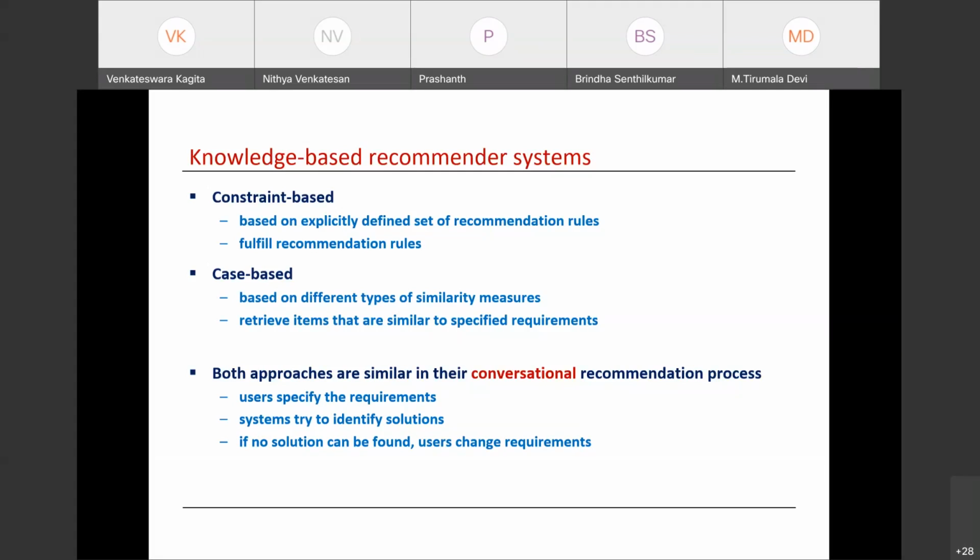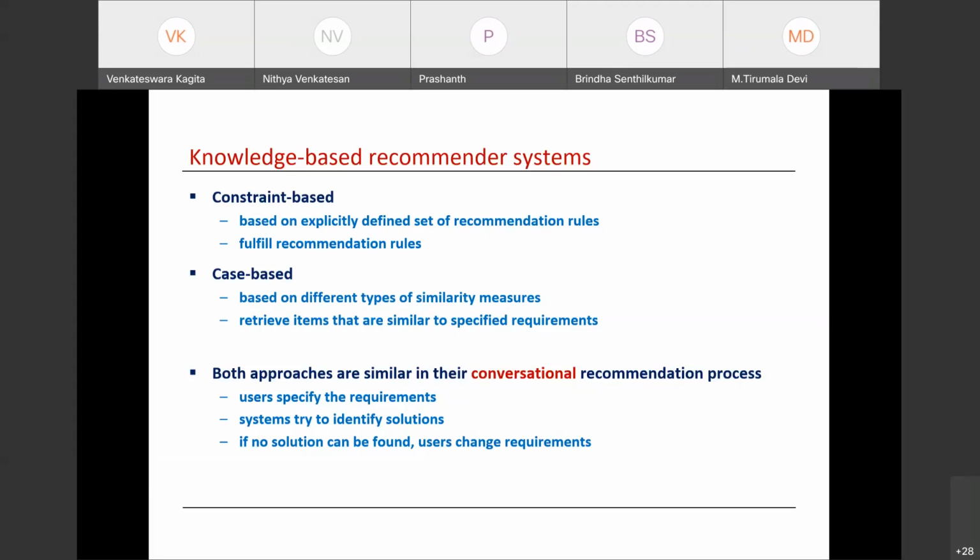You may define constraints like the color of the car should be black, it should be a seven-seater car, there should be four airbags, price should be less than 10 lakh. According to the constraints specified by the user, we try to map these to the available cars and we shortlist and present to him.